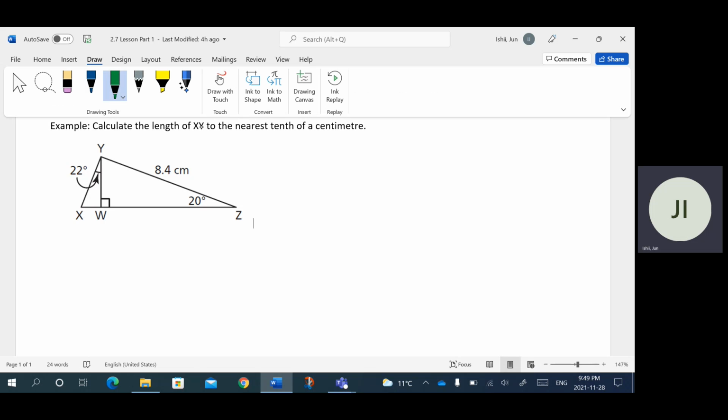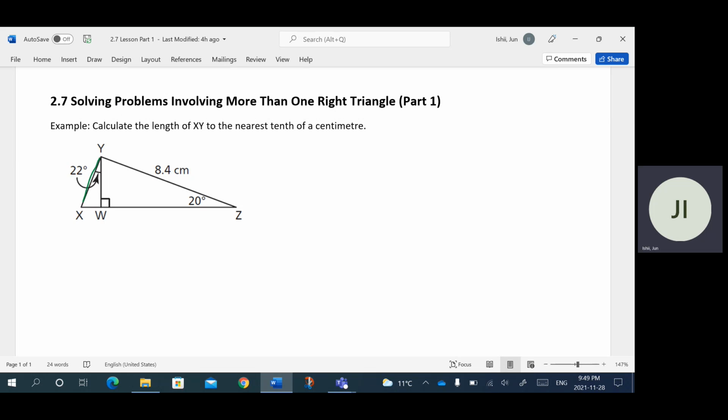If I want to calculate the length of XY, so XY is right here, I'll label that as x. All right. What you'll notice here is that for this triangle, I only know that the angle here is 22 degrees. We don't have any more information about this smaller triangle, so therefore we can't find the length of x right away.